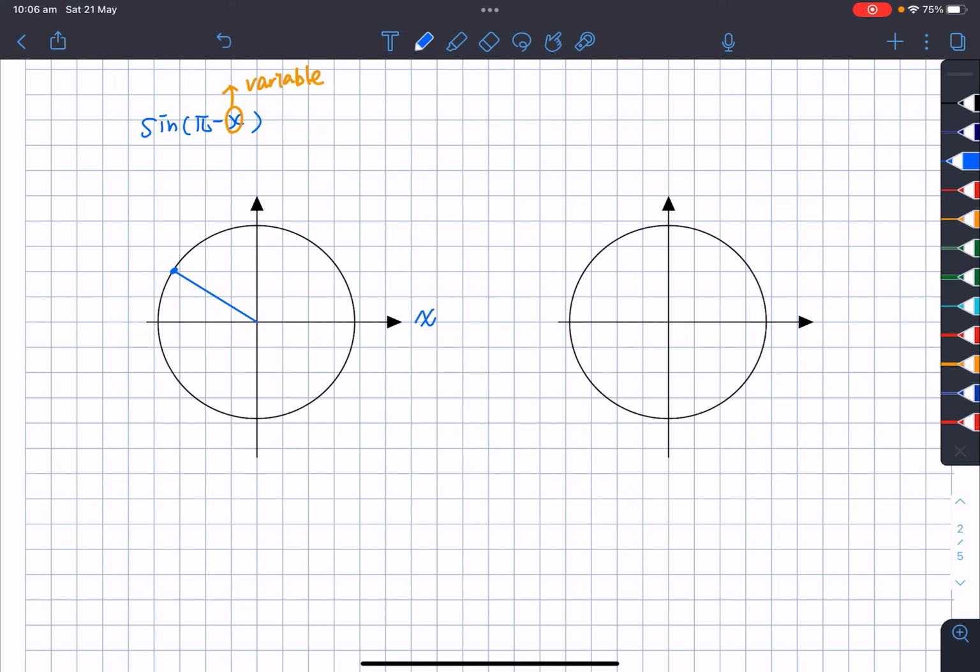Now please connect with the x-axis. So you will find out here is x, right? Point P here, x coordinate, y coordinate.